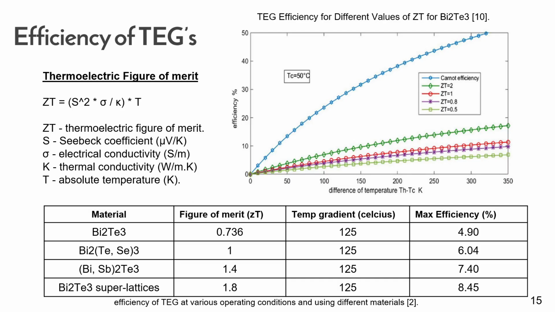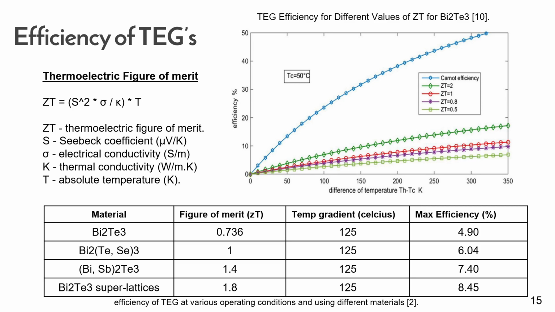So coming on to the details of the efficiency of thermoelectric generators. Before discussing efficiency of thermoelectric generators, we need to look into another term called the figure of merit of thermoelectric generators. It's given by the letters ZT, and the equation is S squared sigma T divided by K, where S is the Seebeck coefficient in microvolt per Kelvin, sigma is the electrical conductivity in Siemens per meter, K is the thermal conductivity in watt per meter Kelvin, and T is the absolute temperature in Kelvin.